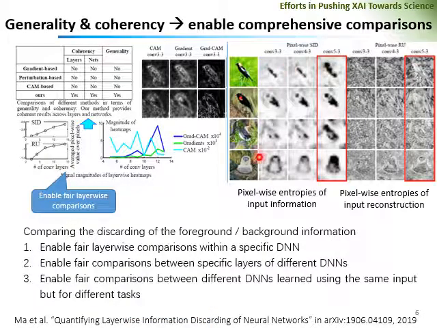Here we show the heat maps for information discarding through different layers. This is the heat map for the first type of metric. This is the second type of information discarding. Compared to previous metrics, our metric enables fine comparisons of the representation power between different layers inside a specific DNN.